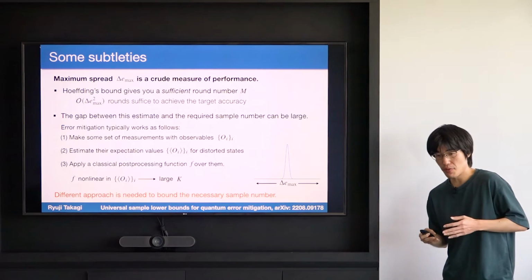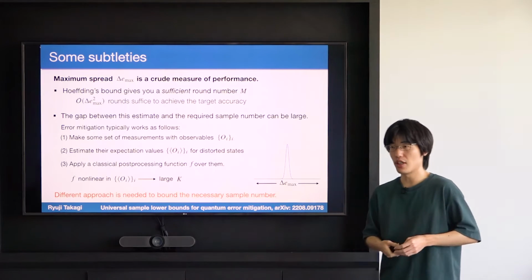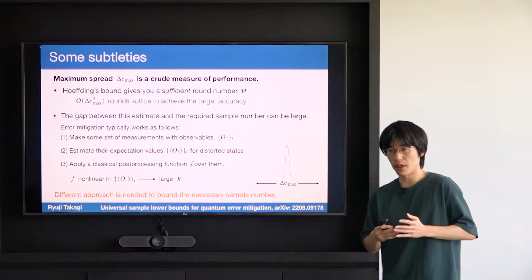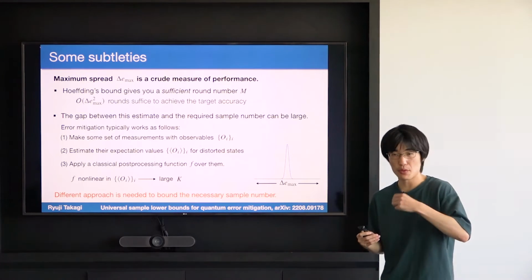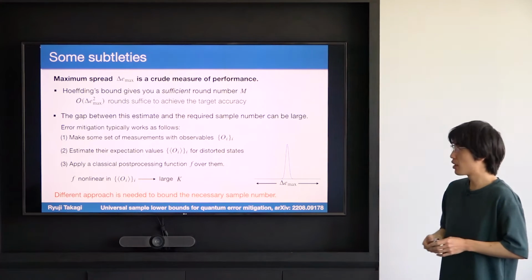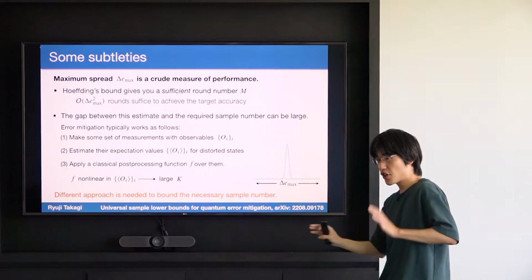And especially if we want to get the ultimate fundamental limitations imposed on the error mitigation, we want to have the lower bound of the sampling number, like how many samples you must use to achieve some accuracy. So this maximum spread is one indicator of that.